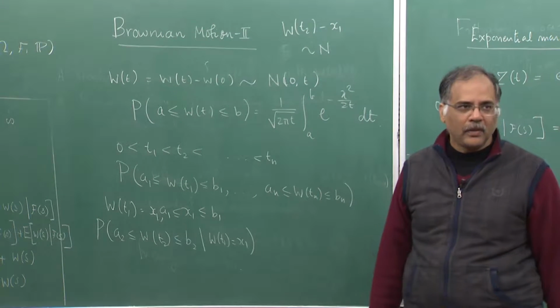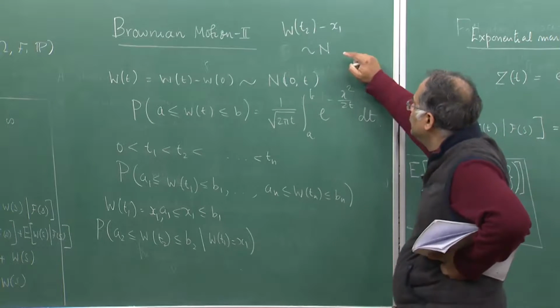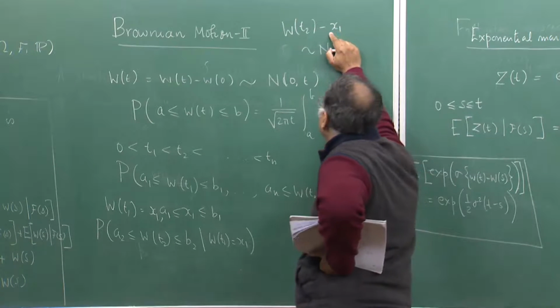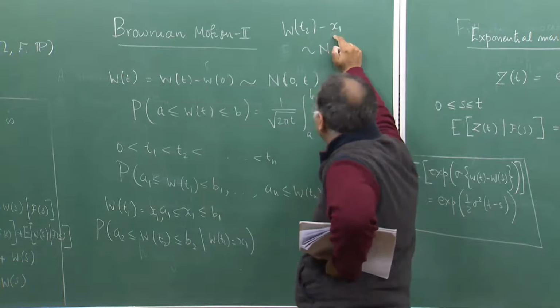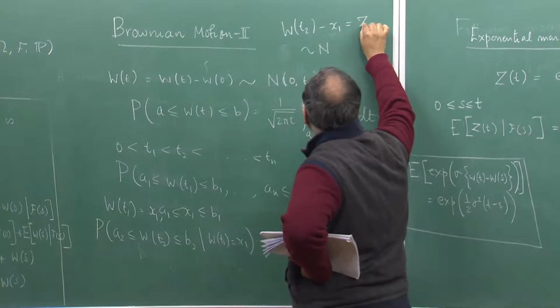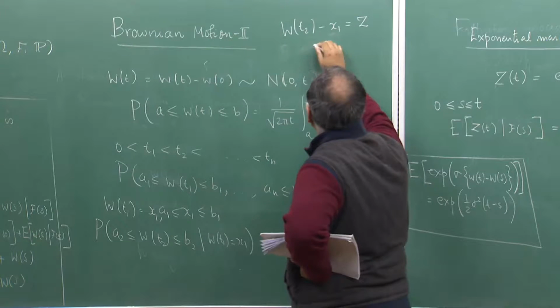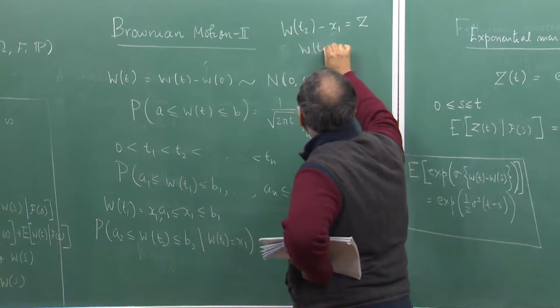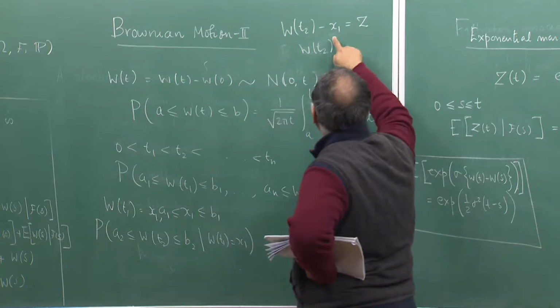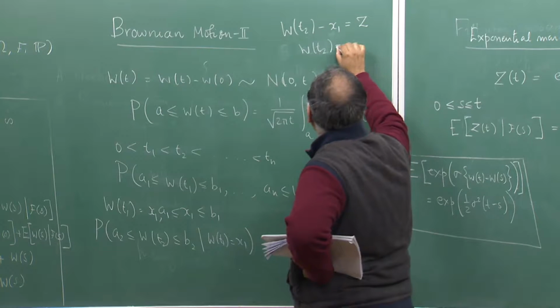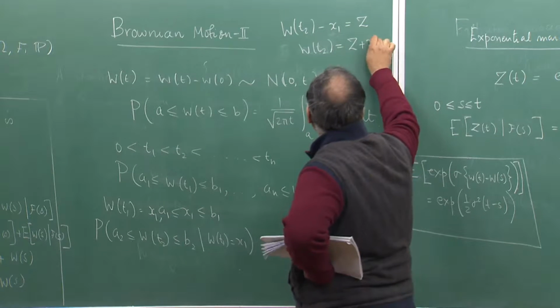Expectation is, see here we had a normal random variable, so this new random variable z, so wt2 is equal to z plus x1.